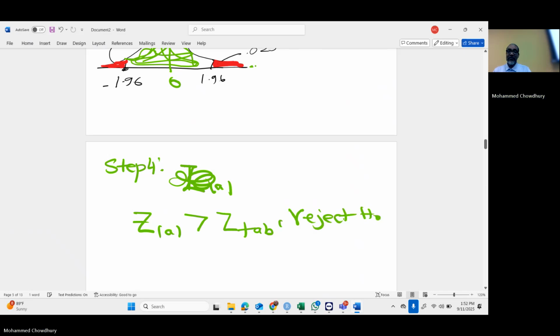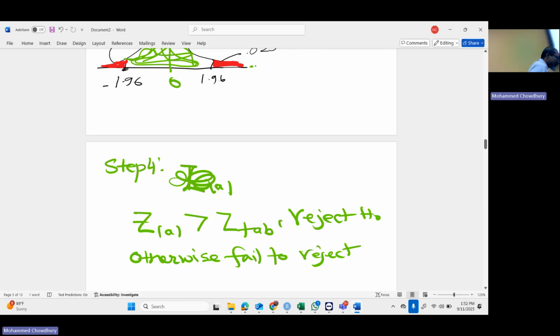Okay. Z cal greater than z tab. This is cal, the calculated value. Otherwise, fail to reject. Okay. Otherwise, fail to reject.